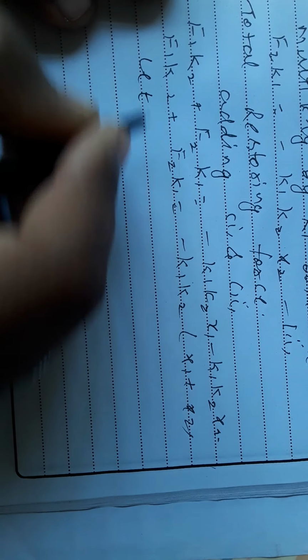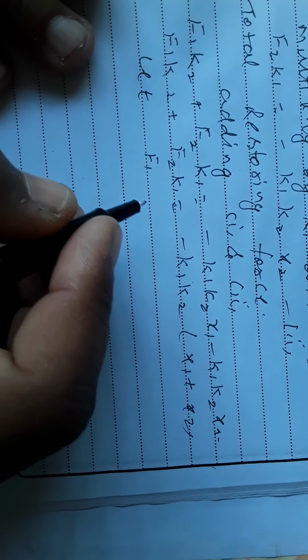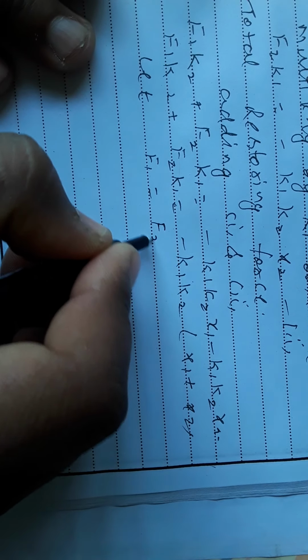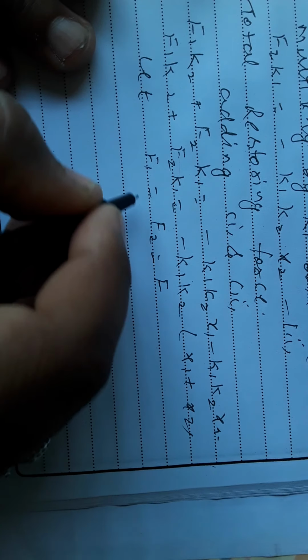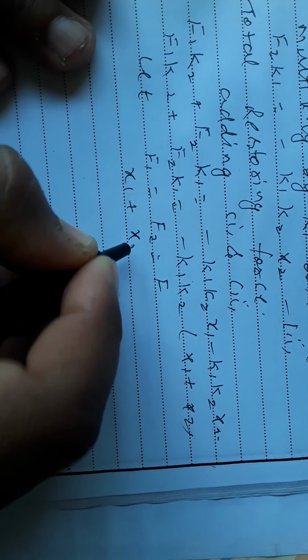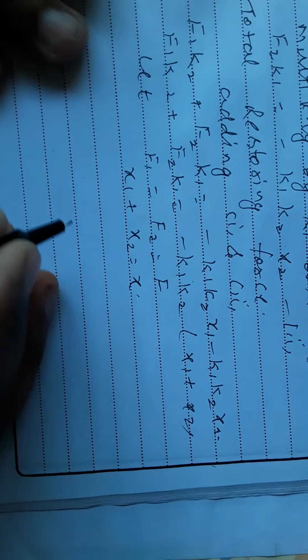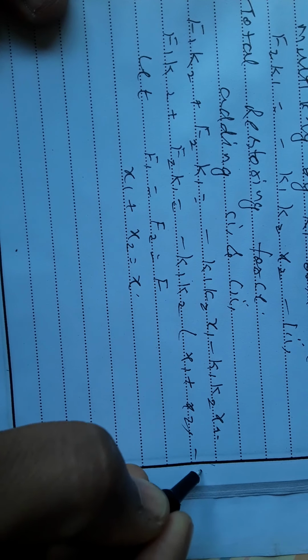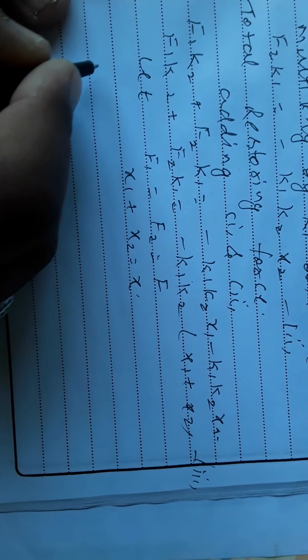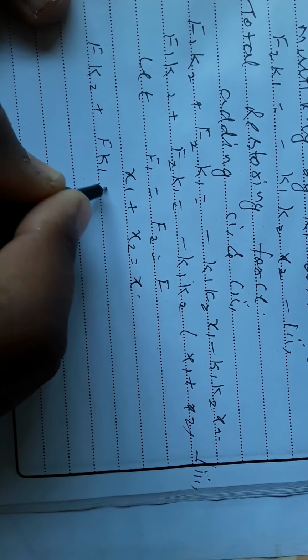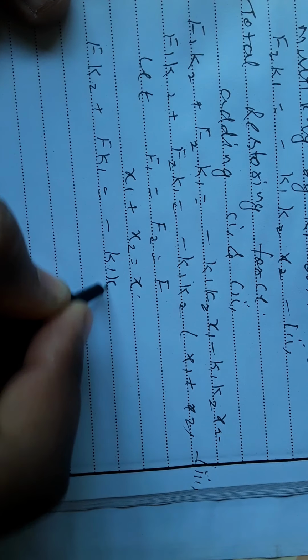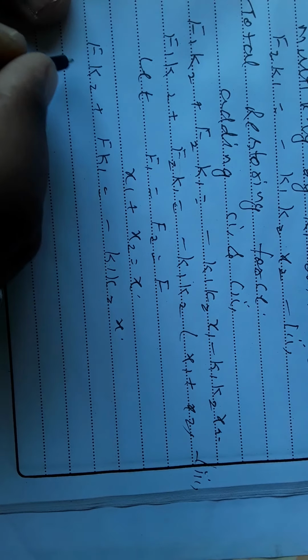Let us suppose that restoring force in both the springs is equal. This is equal to F and the total displacement is x1 + x2, this is equal to x. So we can put in equation number third. So we can write F K2 + F K1 = -K1 K2 x.